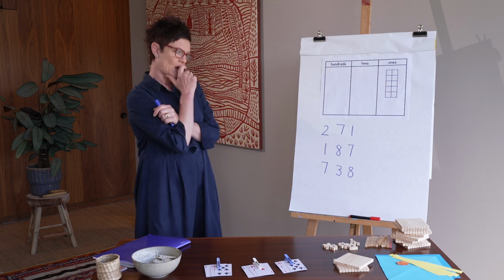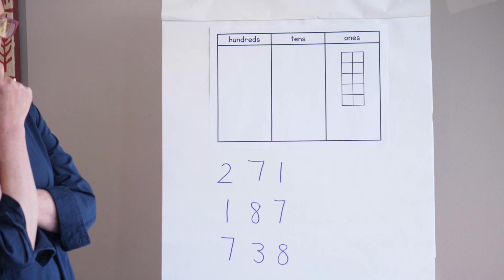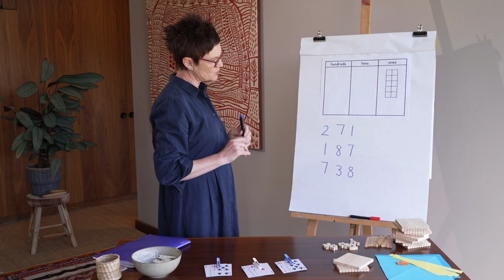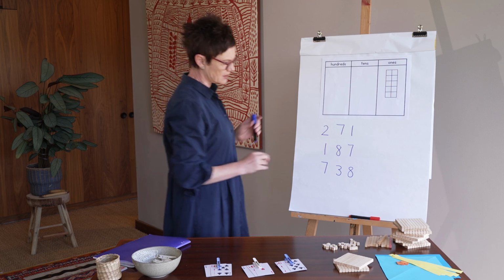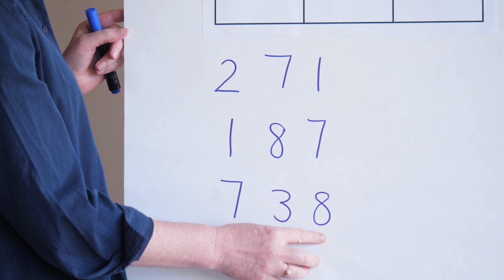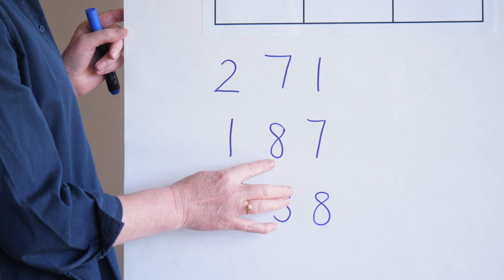So, which is the smallest and which is the largest and which one will be in the middle? Okay, where do we start? I can see there's 8 ones here. That looks like a big number. 8 tens here, another big number.